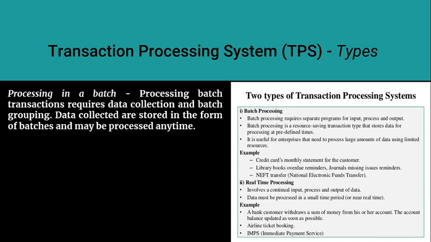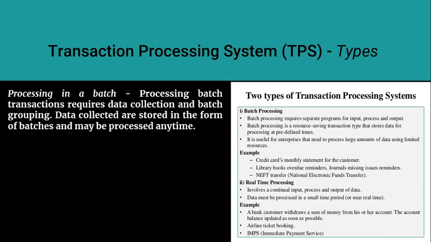And this type of transaction processing system is a resource saving transaction type that stores data for processing at predefined times. Means it is useful for those enterprises that need to process huge volume of data using limited resources. Here the data will be grouped or batched, then it will be processed at a defined time.